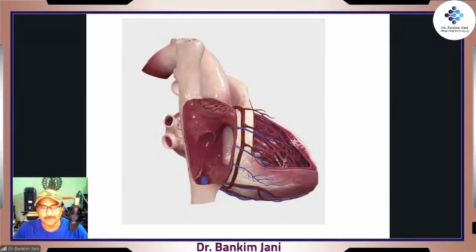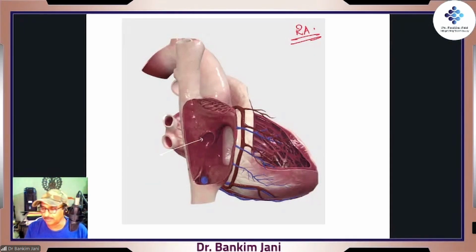Okay. Let's open the heart. When we open it, we have opened the right atrium. All we have done is removed the superficial wall so that we can see what is inside. The best thing which is seen is this portion, right?